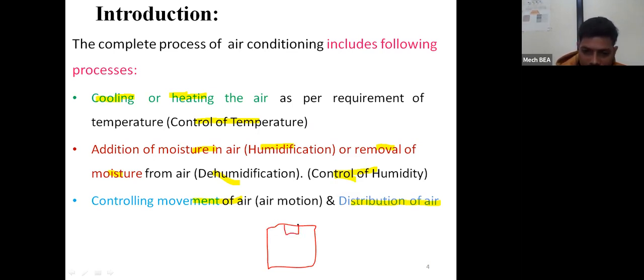It should not be the case that the conditioned air covers only this much area. It should cover all the area inside the room. The momentum and motion of the air should be equally distributed, so that an equal amount of air reaches each and every corner or point. That is called controlling the movement as well as the distribution of the air.